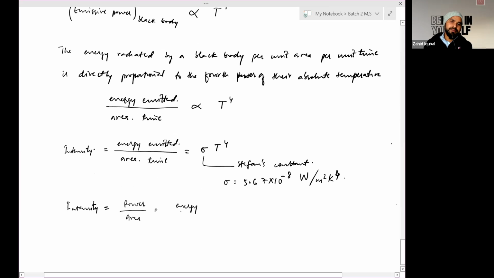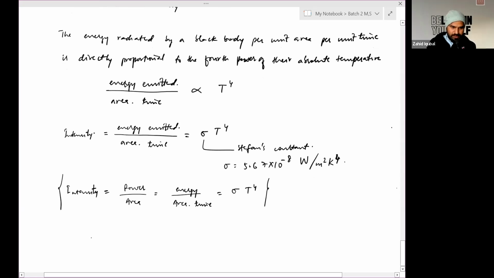Next is energy divided by area multiplied by time equals sigma T to the power 4. So on the basis of this expression, you will be able to calculate energy and power. Power will be equal to sigma A T raised to 4, and energy radiated will be sigma A time t T raised to 4.